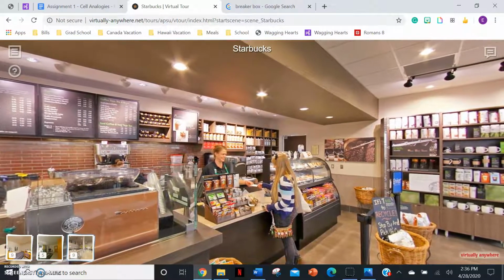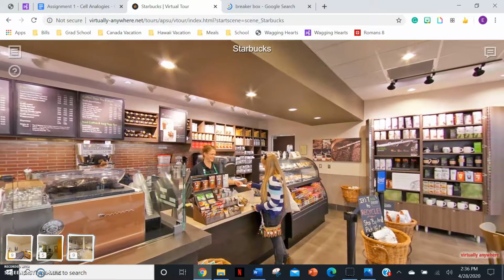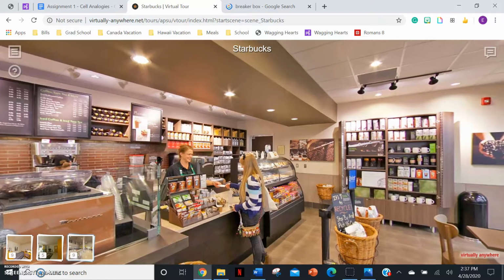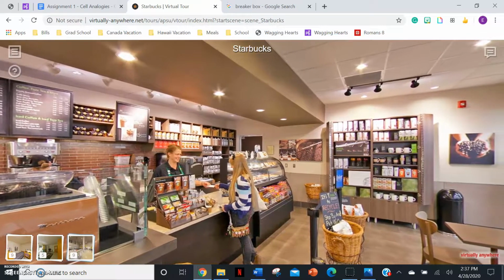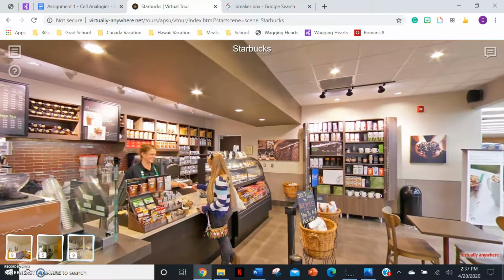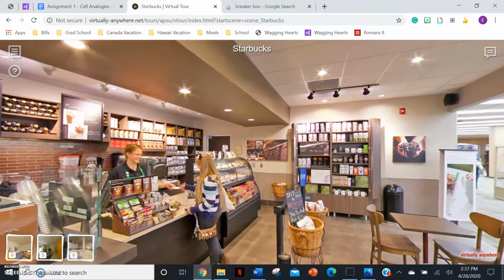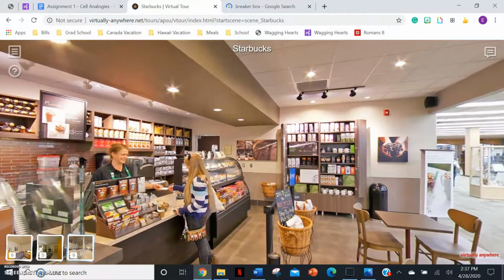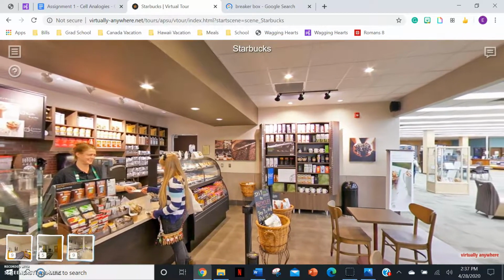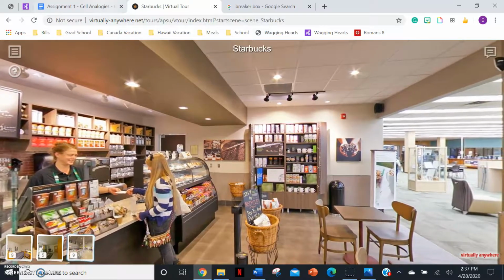Think about how cool that would be if we had a Starbucks at our school. You'd never find me in our classroom. I'd be here all the time. But we can tell exactly where the school ends and where Starbucks starts because we have a wall. That wall provides the shape and structure of Starbucks, just like the cell wall's job is to provide the shape and structure of the cell.